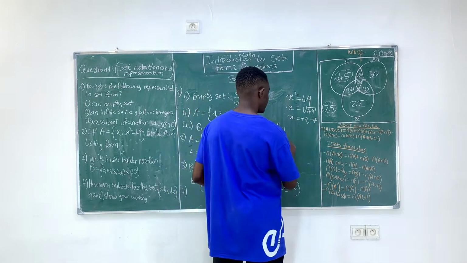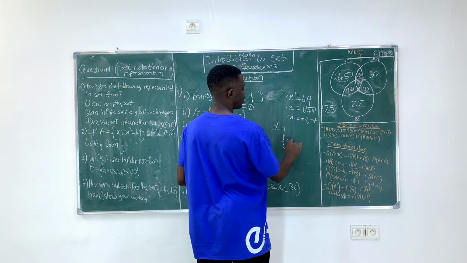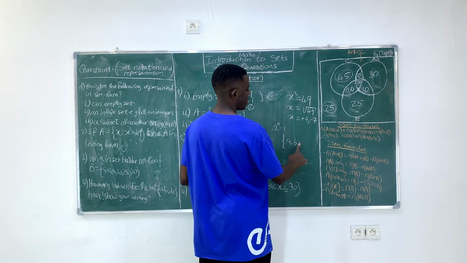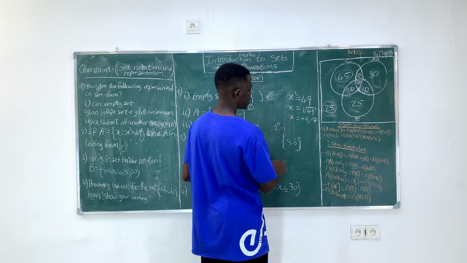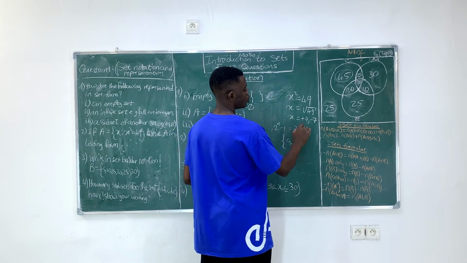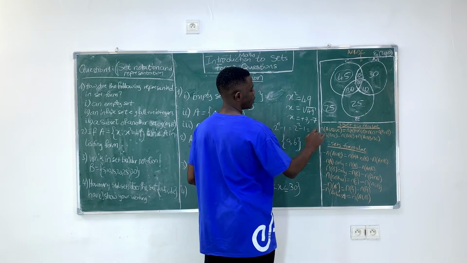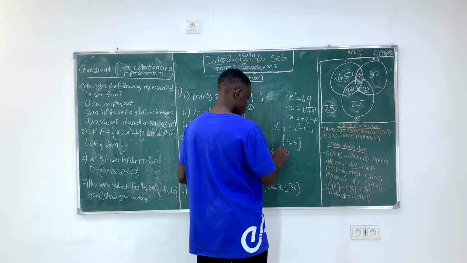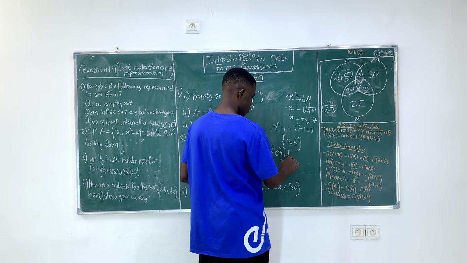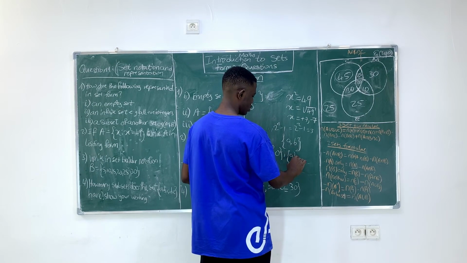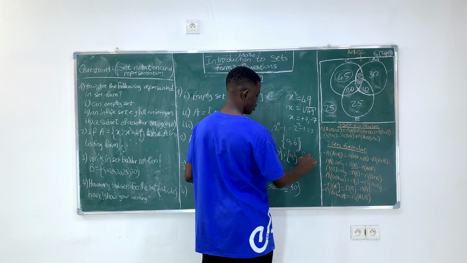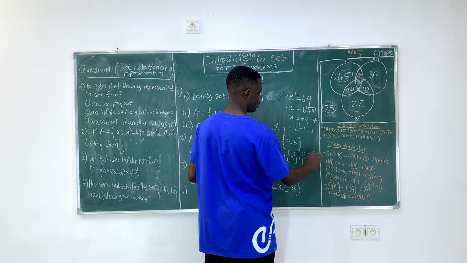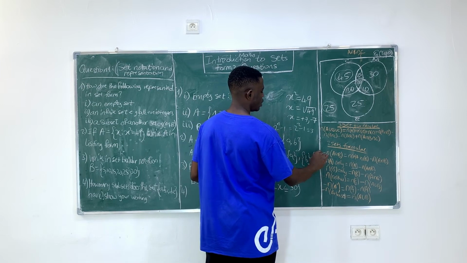For example, if you have a set made up of A and B, from this formula the number of subsets is 2 to the power 2 minus 1, which is 4 minus 1, 3. So there are 3 subsets: the empty set, A, B, and AB.